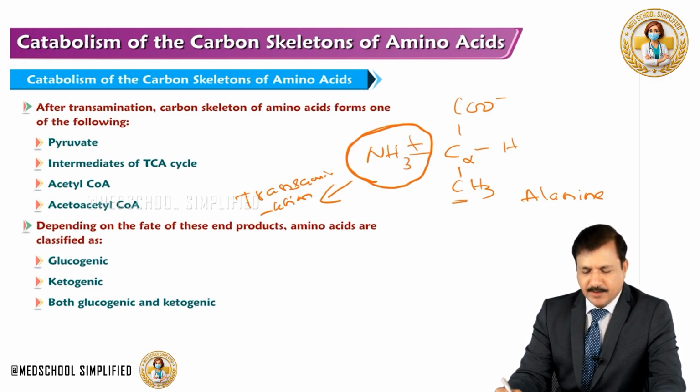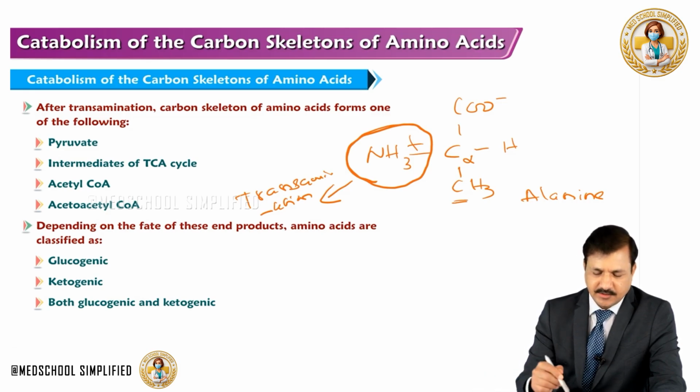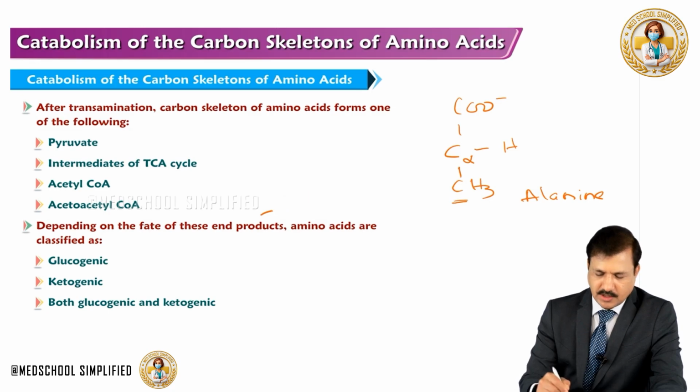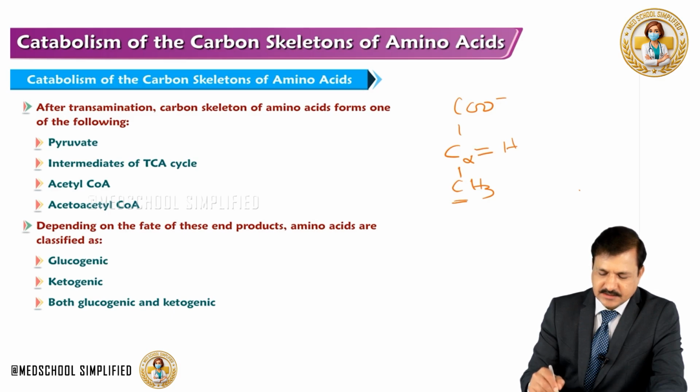Now let's see what will happen to the carbon skeleton that remains once this amino group is transaminated and taken out. I am going to remove that part now. The amino group is not there now. The remaining carbon skeleton will be released as pyruvate.